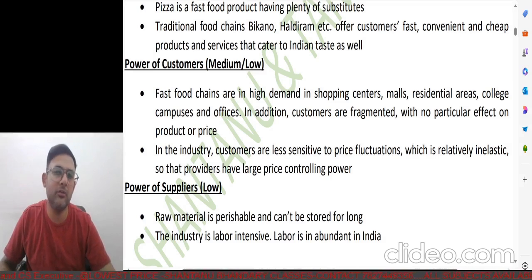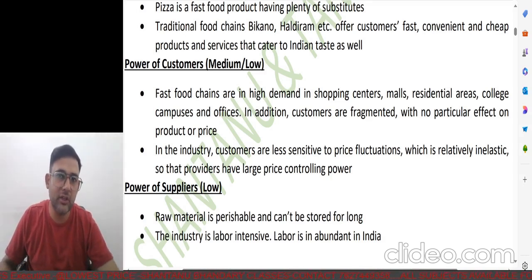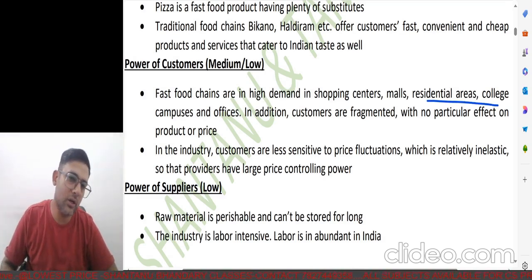All those big players which are operating are just on the basis of their brand name, that's all, because they don't have any specific R&D or any new thing. Even if they do, people try and copy the same and probably get it to you at a very low cost and a very low price. So the power of customers, when it says medium and low, it says fast food chains in high demand shopping centers, malls, residential areas, college campus.